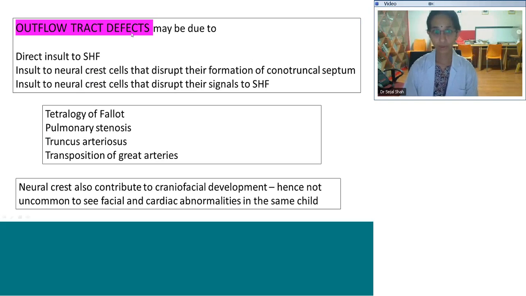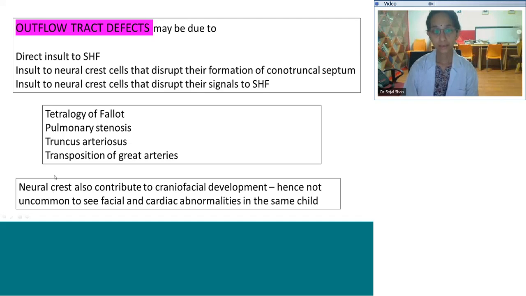So the defects can happen because of either a direct insult to the secondary heart field, or insult to the neural crest cells that disrupt the formation of the conotruncal septum, or insult to the neural crest cells which govern the signals to the secondary heart field. And what all can go wrong? It can cause tetralogy of Fallot, pulmonary stenosis, truncus arteriosus, or transposition of great arteries.